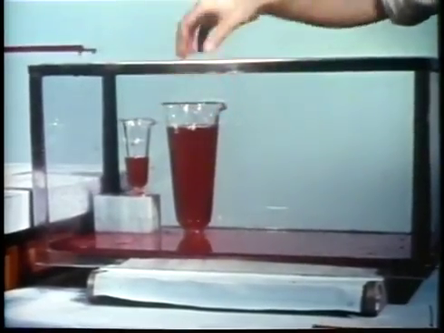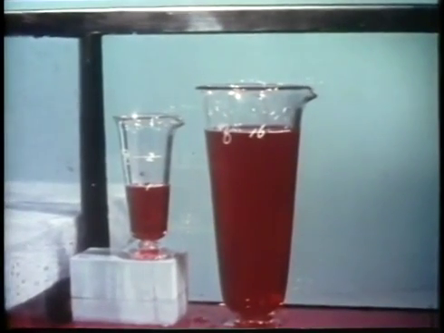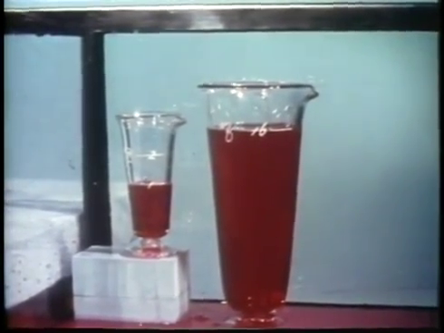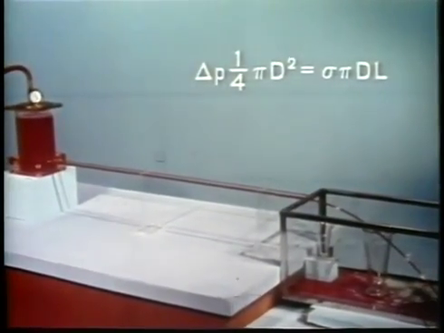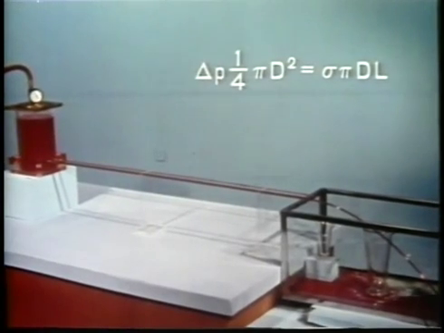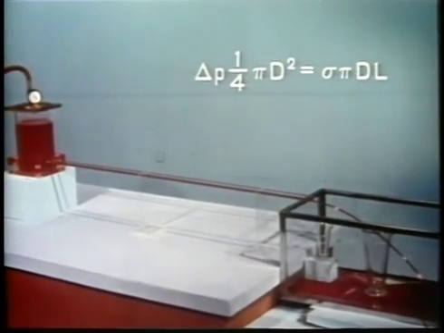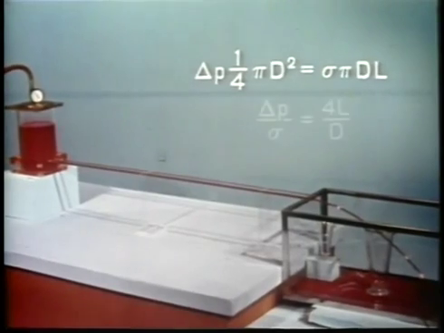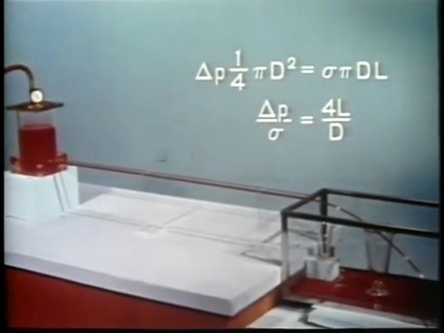The receptacles are marked at 1 ounce and 16 ounces. In this experiment, the pressure difference delta P, acting over the area of cross-section a quarter pi d squared, balances the tangential stress sigma, which acts over the wall area pi d L. The pressure change, therefore, is balanced by sigma times 4L over d.